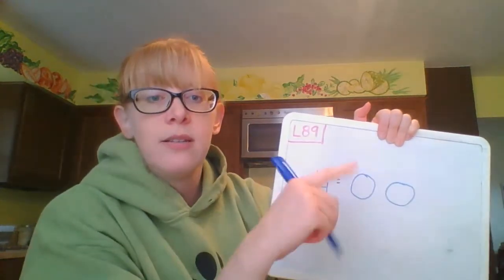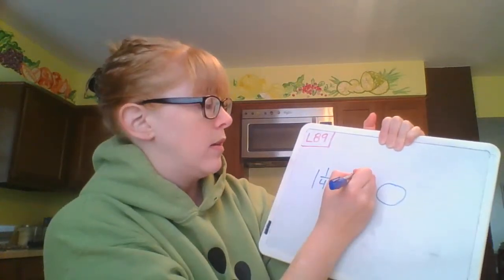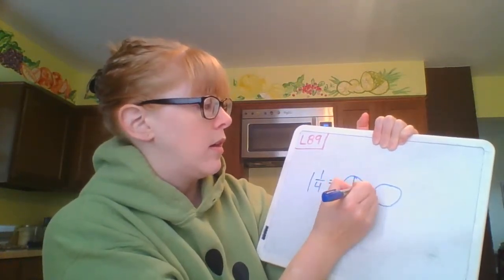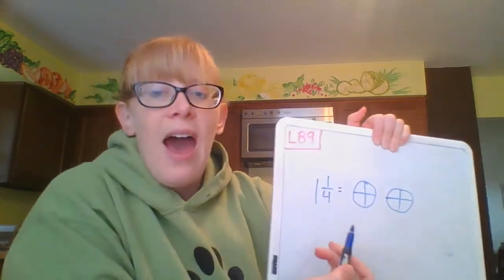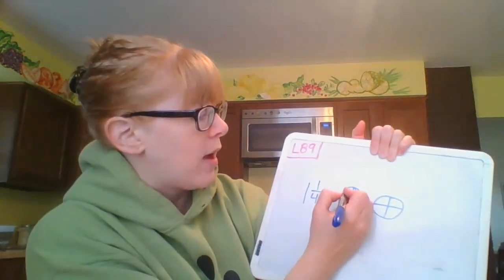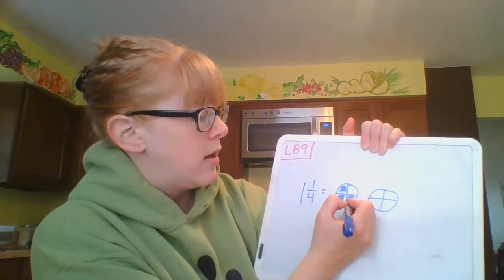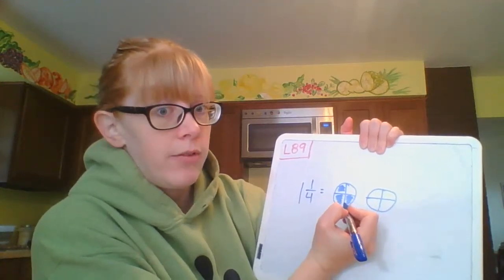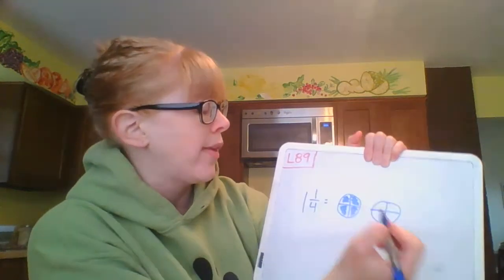Each of those pizzas are divided into 4 slices. I ate 1 entire pizza, so I can color in all 4 on this one. I ate that. I have a feeling I'm going to be eating a lot of frozen pizza in the next coming days, so this is a very applicable lesson.